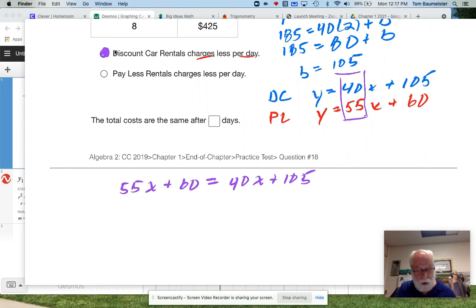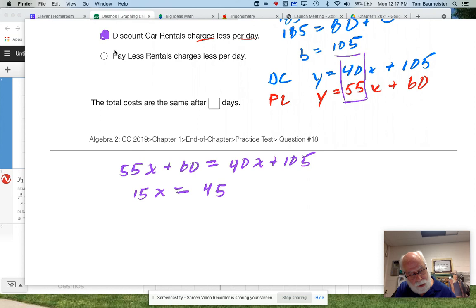So I'm going to subtract that 40x because I'm moving it over to the other side of the equation. So 55x minus 40x will give us 15x. And I'm going to take that 60 and move it over to the other side. So it's going to become 105 minus 60, which would be 45. And now I'm going to divide by 15. When I divide by 15, I'll get that x is equal to 3. So the total costs are the same after 3 days.